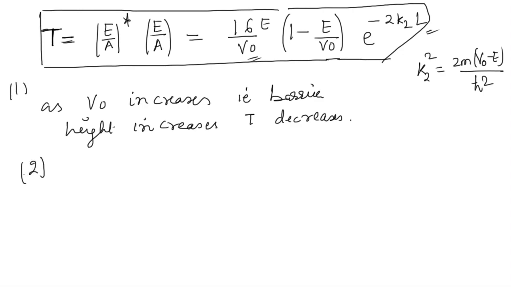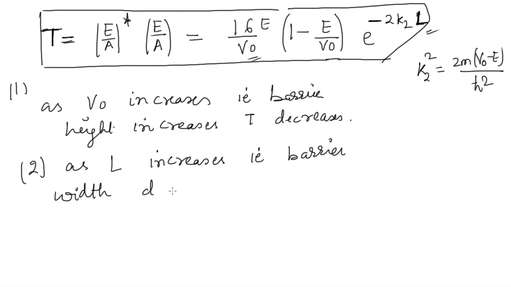Second, how T depends upon the length of the barrier. This is also a negative exponential. As L increases, as the length of the barrier, that is the barrier width, increases, again my T decreases.